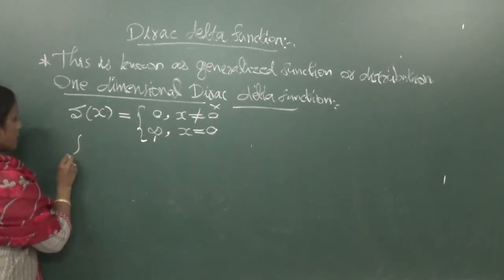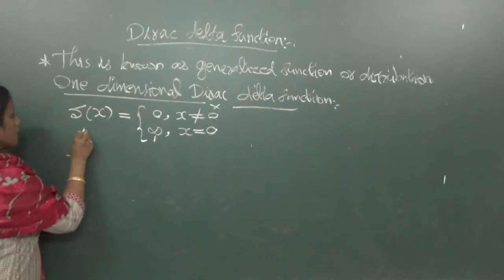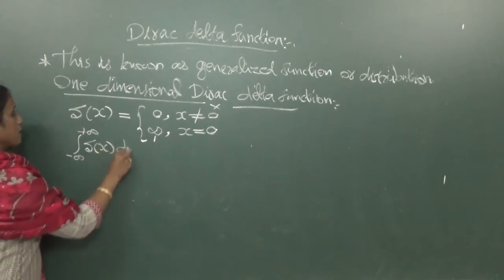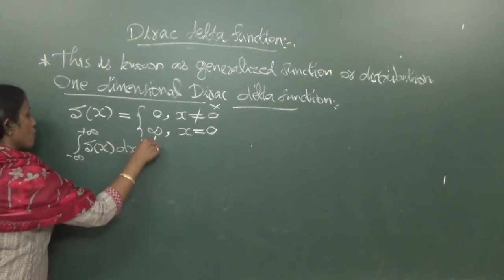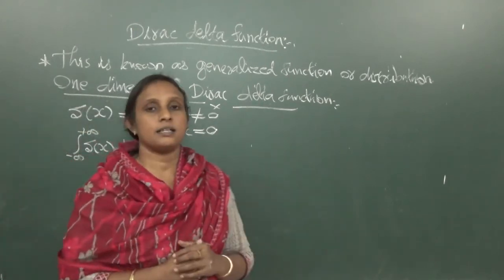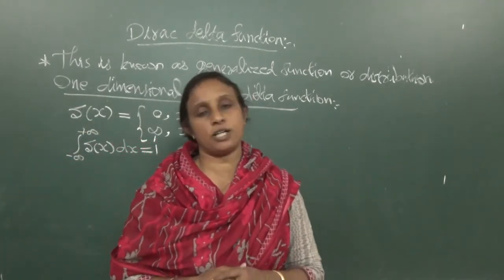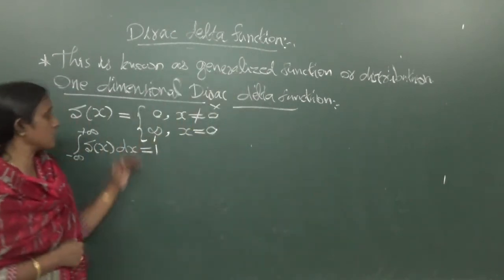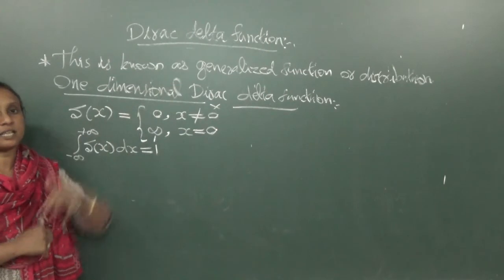That means the integral from minus infinity to plus infinity of delta of x dx equal to 1. Area under the curve equal to 1 or unity. Okay, this function is called the Dirac delta function.